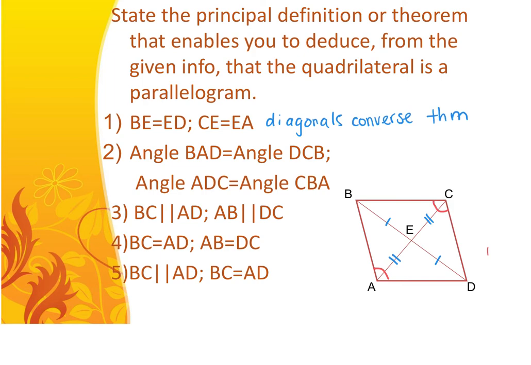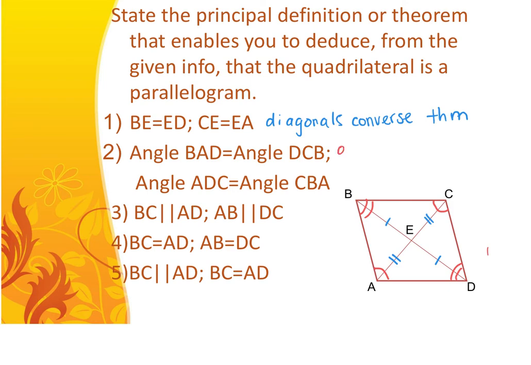And then it says ADC, which is this one, is congruent or equal to CBA. What theorem with just the red marks on our diagram could we use to prove that it's a parallelogram? Opposite angles theorem. No. Converse. Opposite angles converse theorem.